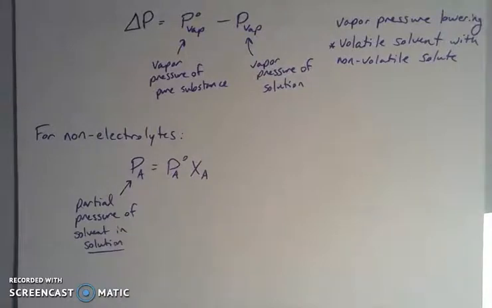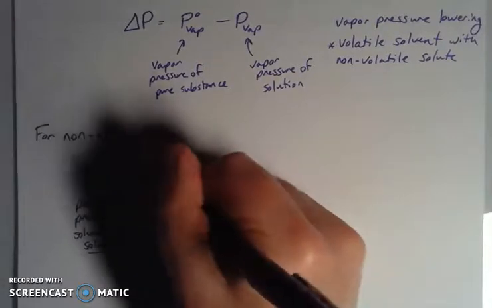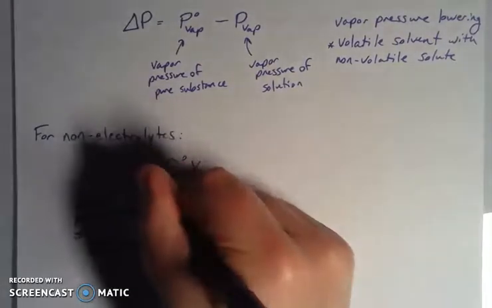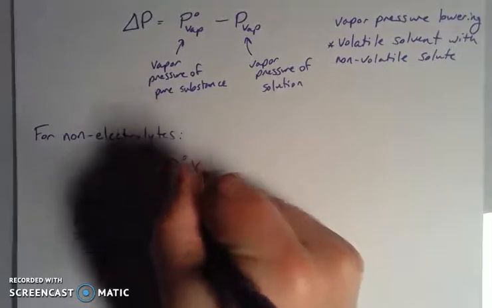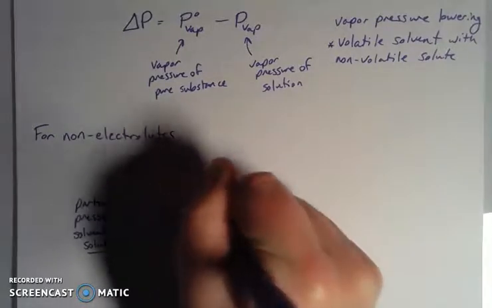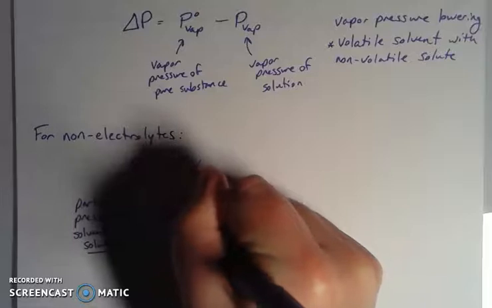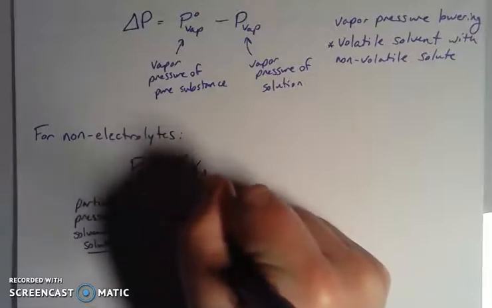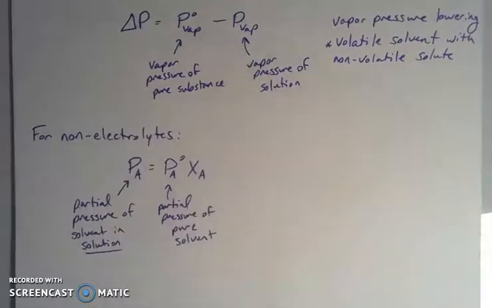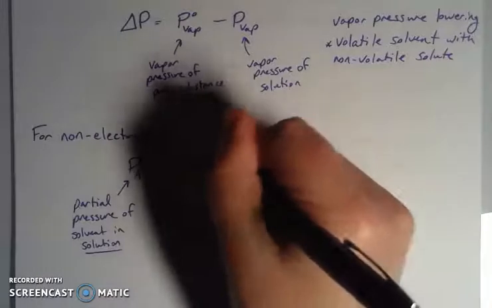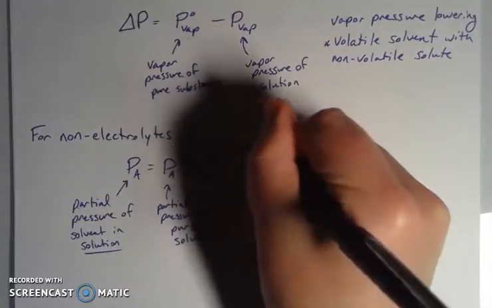And you can tell the difference between the solution versus the pure substance because the pure is the one with the degree symbol. So this is the partial pressure of the pure solvent, so nothing mixed into it. And then this is my mole fraction of however much I have of that. So that's how much of my solvent that I have, my mole fraction.